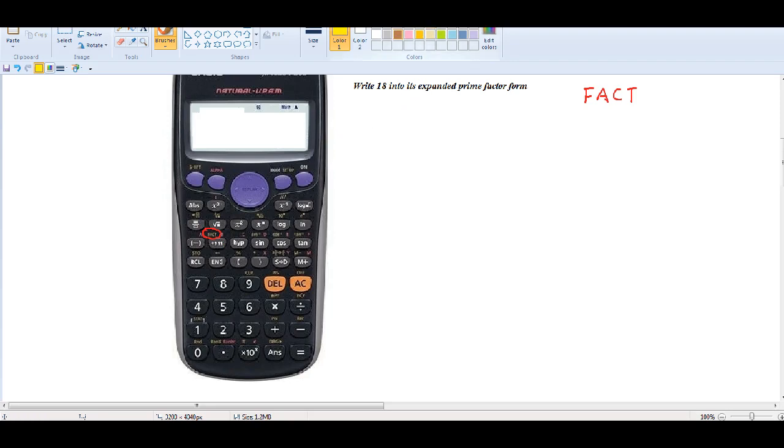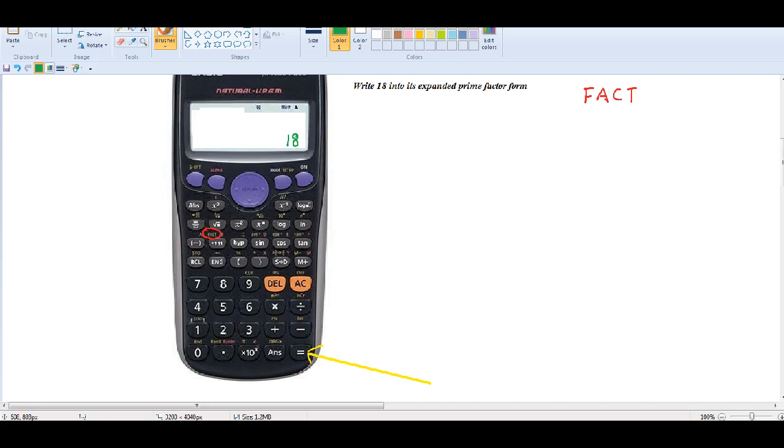Before you press shift, you need to input 18. So suppose I input 18 here, and then I press the equal sign. After I press the equal sign, the 18 will be gone and the number becomes here.